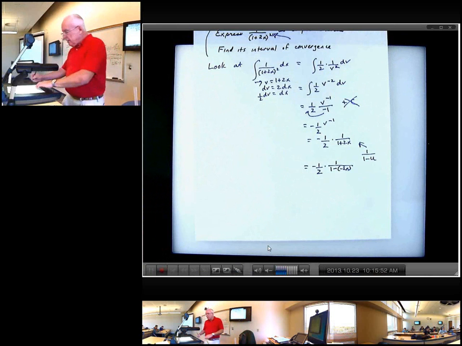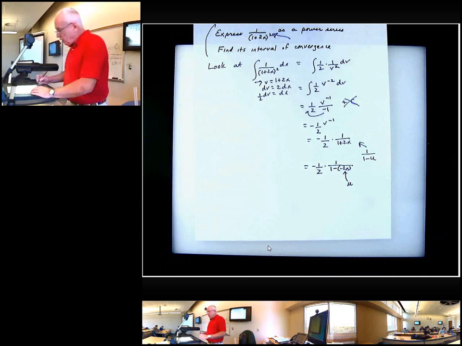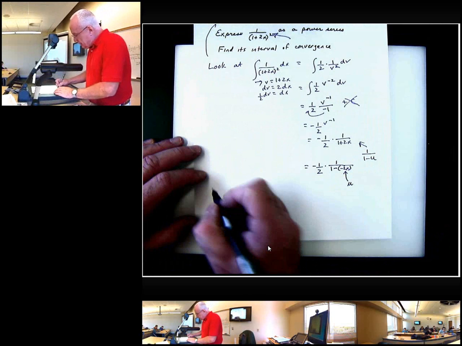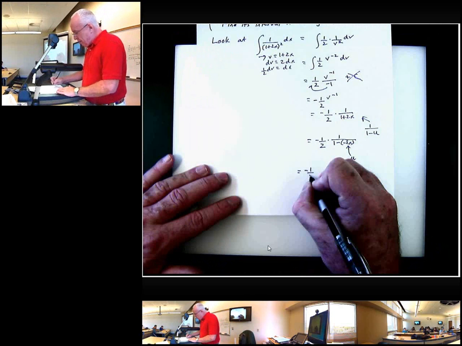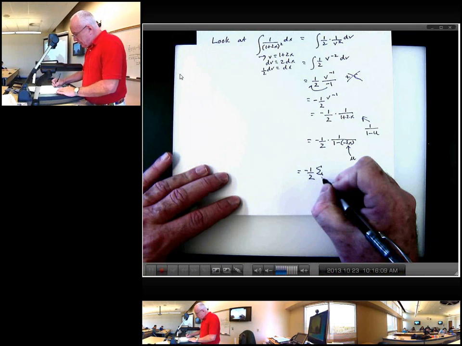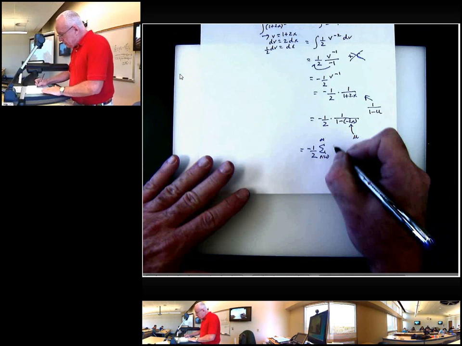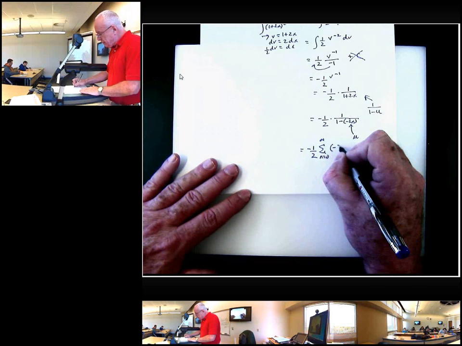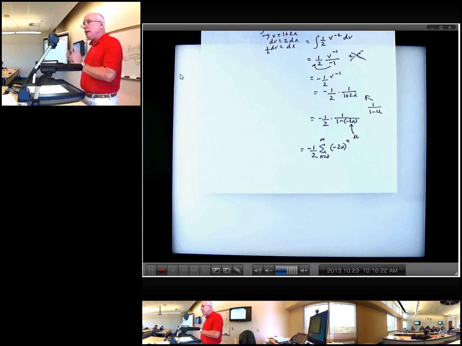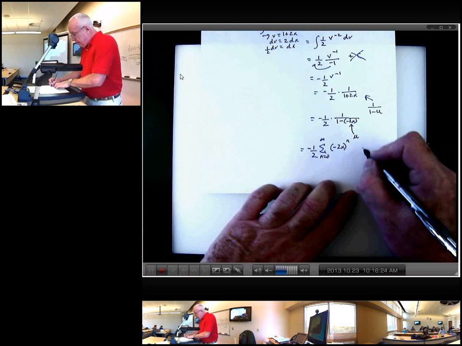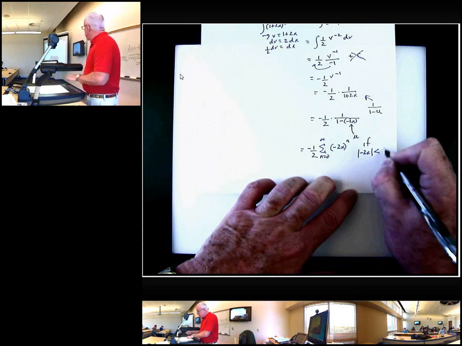So therefore, this -2x is going to be my u. So this I can rewrite using my formula as -1/2 times the summation n equals 0 to infinity of u to the n, so it's going to be -2x in parentheses raised to the n power. And this is going to be okay if the absolute value of -2x, my u, is less than 1.